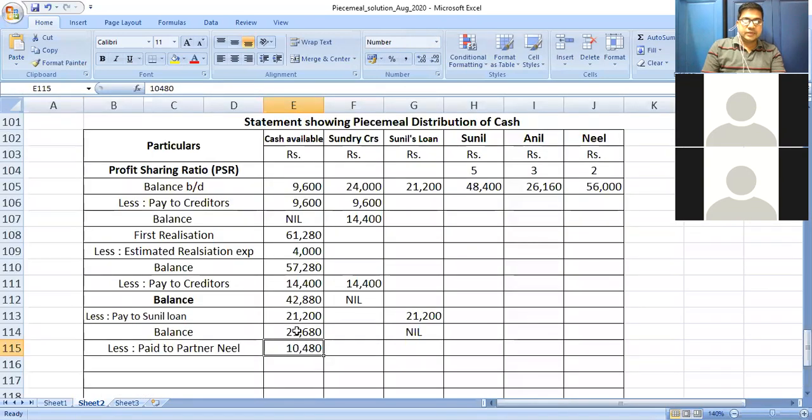We can easily pay because we have sufficient cash available. So we will put 10,480 in Nil's column also.